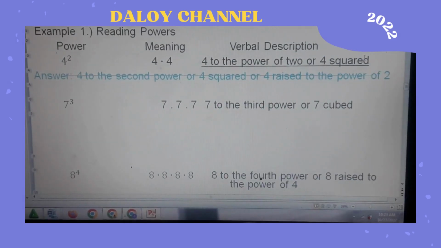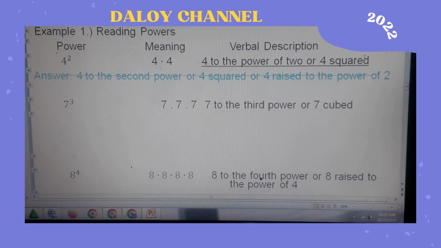Example, reading powers. Example number 1: if you have 4 to the power of 2, that means 4 times 4, or we can verbally describe it as 4 to the power of 2 or 4 squared.